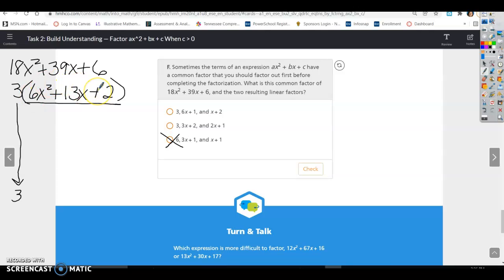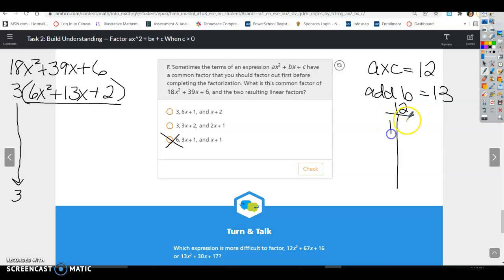I'm going to do what I did in the last example. I'm going to do A times C: 6 times 2 is 12. And I need to add to get B, which is 13. So what are my factors of 12?